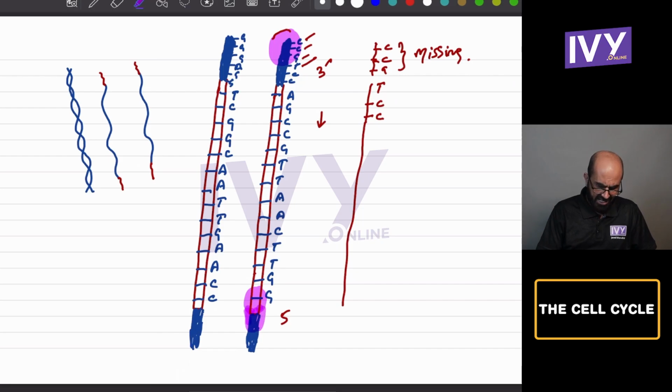So if the last end of the telomere, let me suppose, I'll give you a different color. If this is the telomere part, and it has a sequence like here, cytosine, guanine, adenine, thymine, and cytosine. Maybe the enzyme DNA polymerase reached only till here.